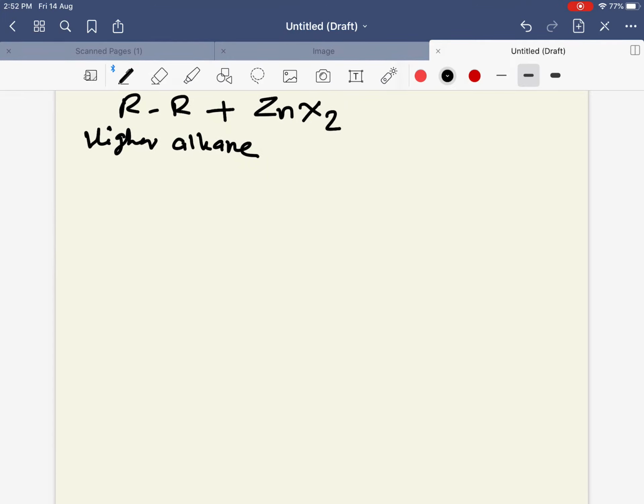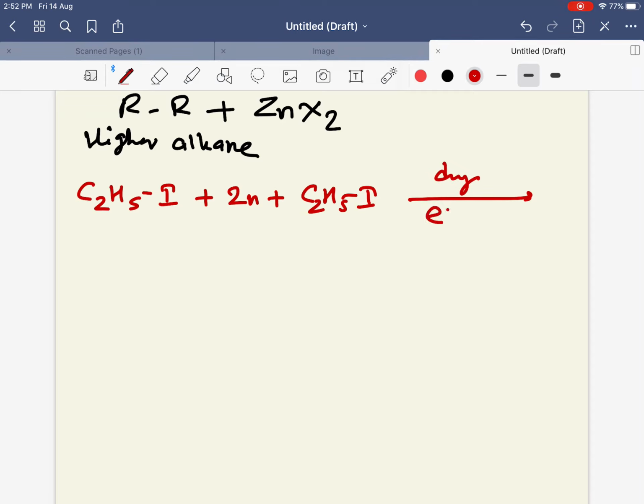I will take an example of the Frankland reaction. Suppose ethyl iodide, C2H5I, is reacted with zinc. I will take another molecule of ethyl iodide. So two molecules of ethyl iodide are reacted with zinc in presence of dry ether.